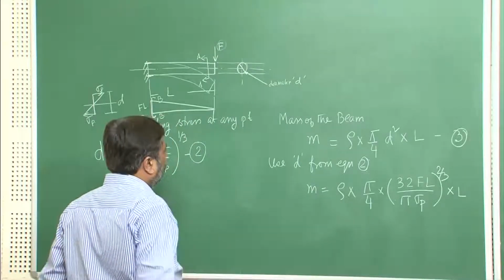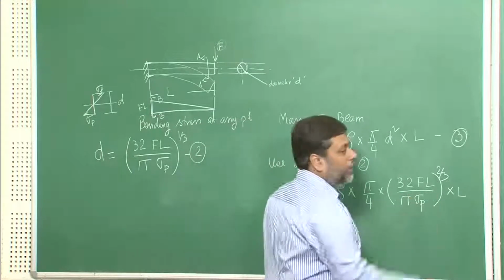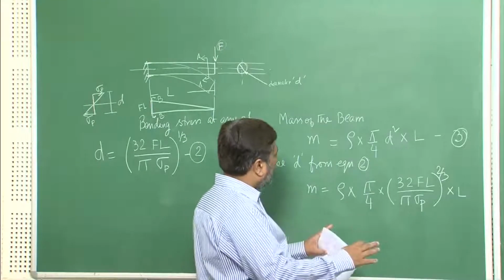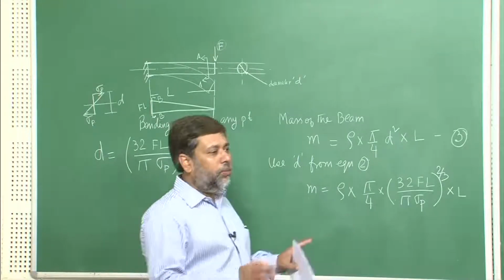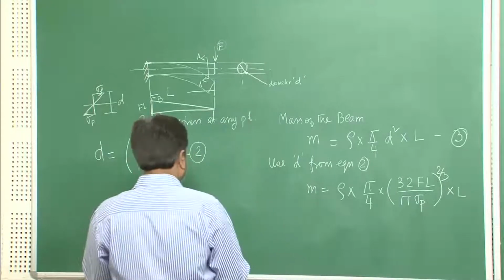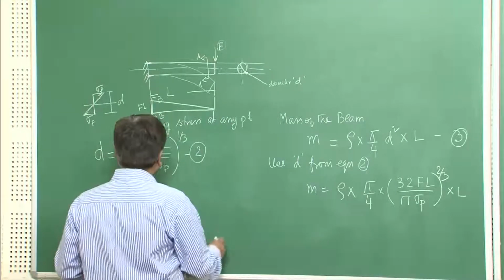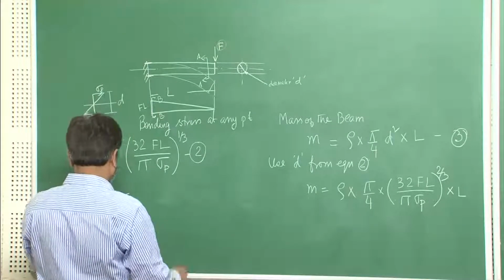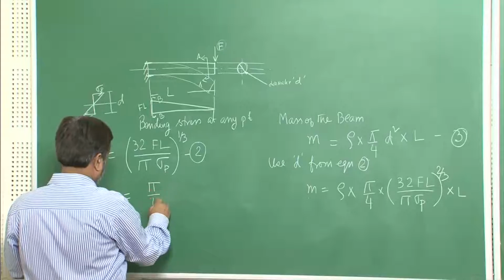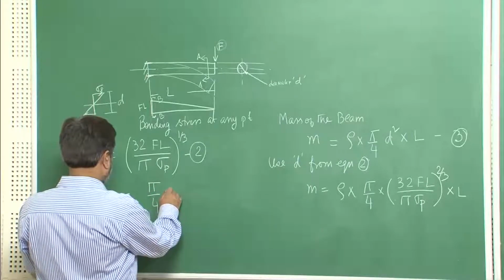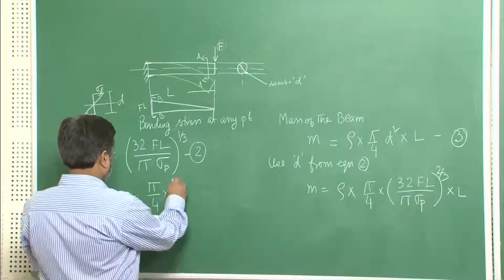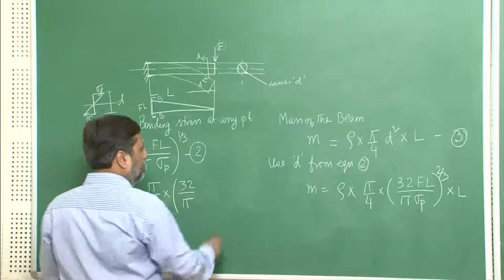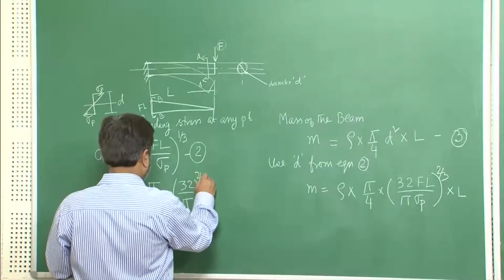Now, let us divide this expression, as in the last class, into several segments and isolate the part which is related to the material property of the system. If I do that, I get m equals pi by 4 times 32 by pi, I can take it out, times 2/3.